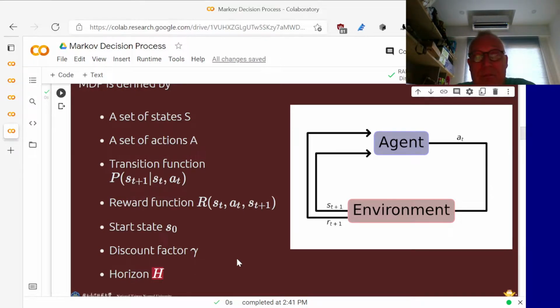So in that case, the horizon is basically how long do we keep playing the game? Well, in chess, checkers, you play the game until the game is finished. But then there's nothing else you can do after that. So then you have a variable horizon.